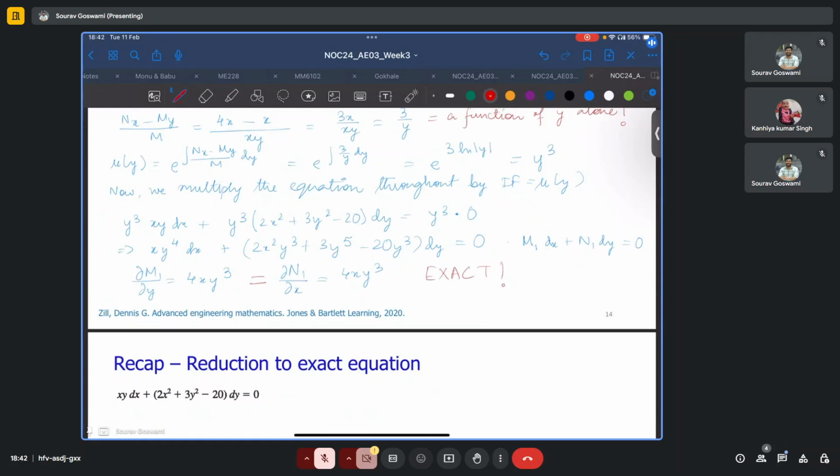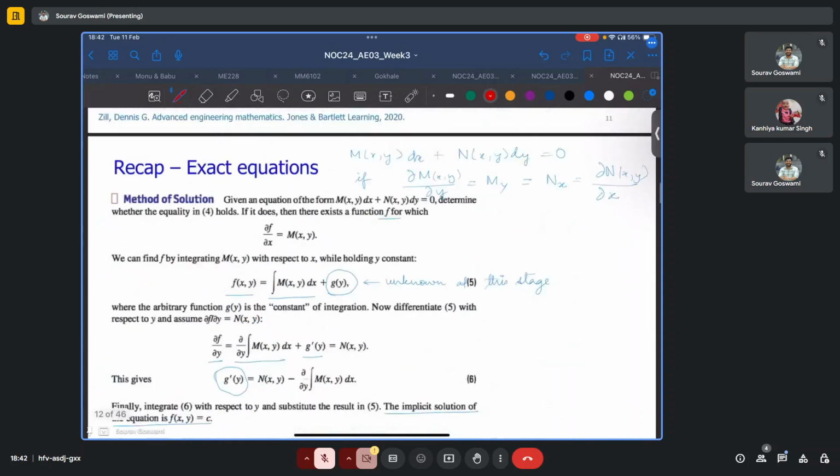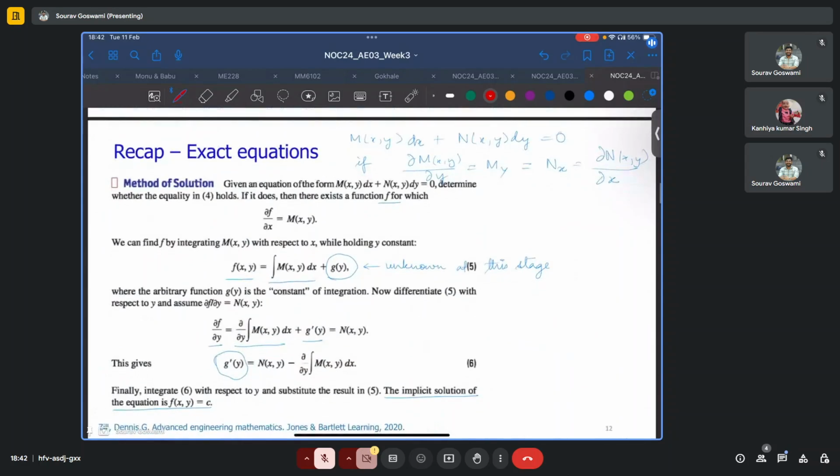Once the system has been reduced to an exact differential, we can find the family of solutions by following the methodology prescribed, which is we try to find some function f of x and y, so that f of xy equals c is the family of solutions for the given equation.